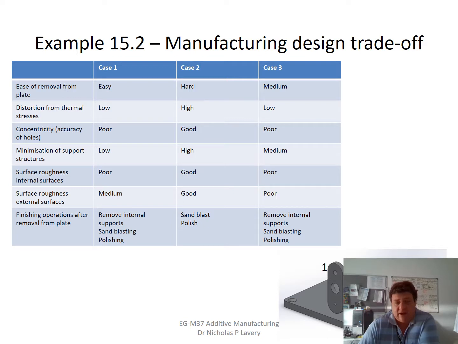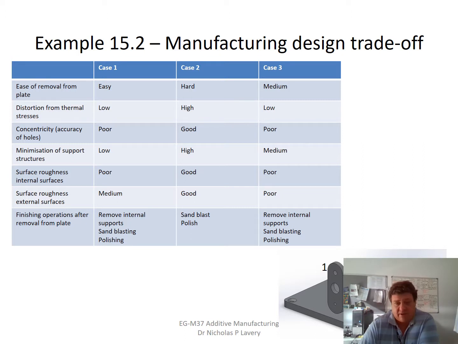Surface roughness will be relatively poor in both 1 and 3, especially the surface roughness, not so much of the flat outer area, but the internal surface roughness within the circles will be quite rough. Much more so than in 2.